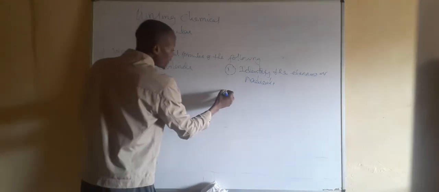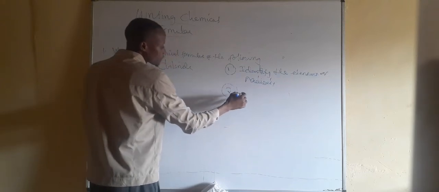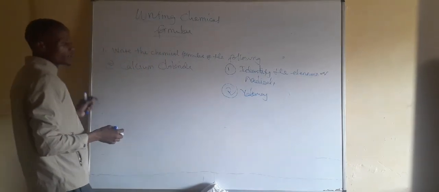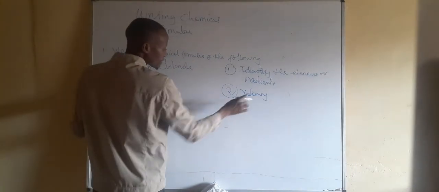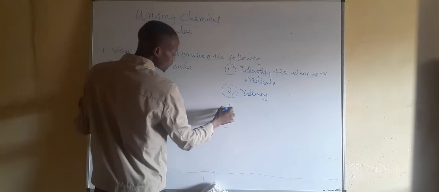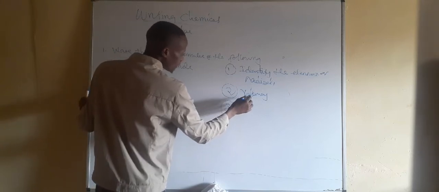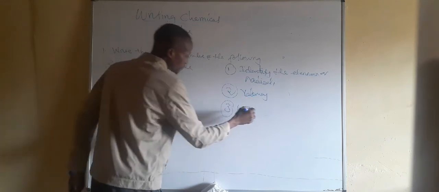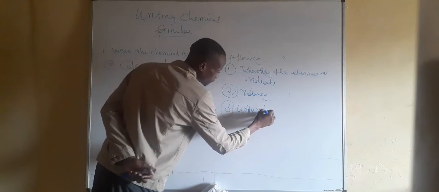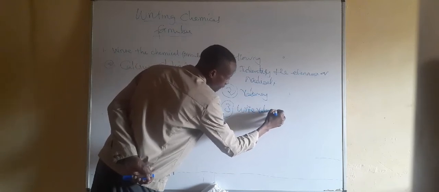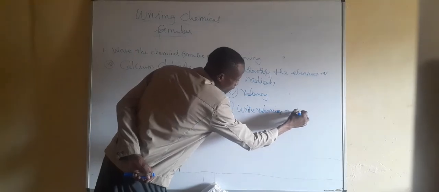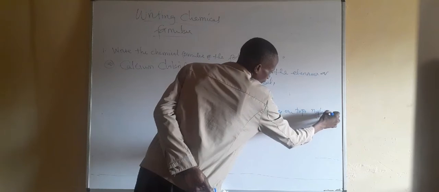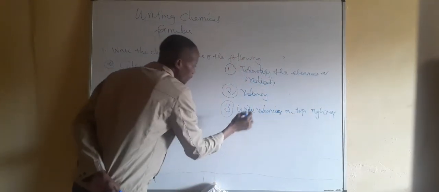Second step, you must know their valence numbers. So valence numbers are quite important. Then later on, you write the valence numbers on top right of each symbol.